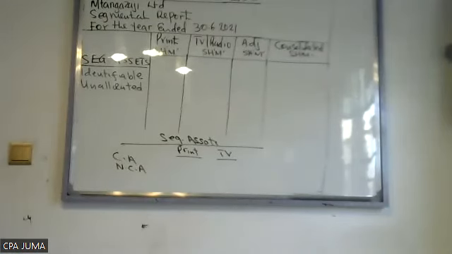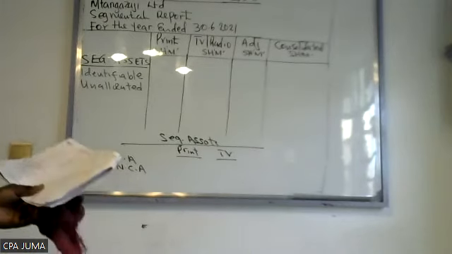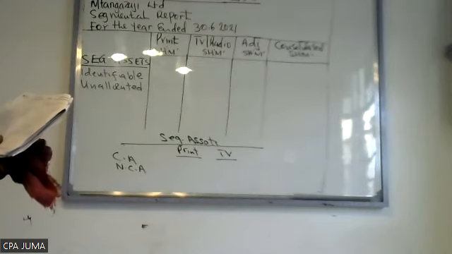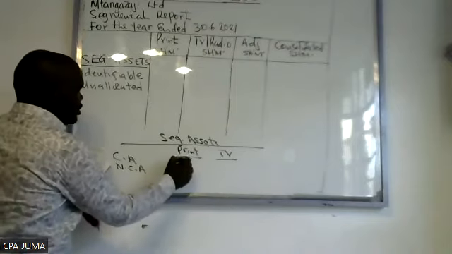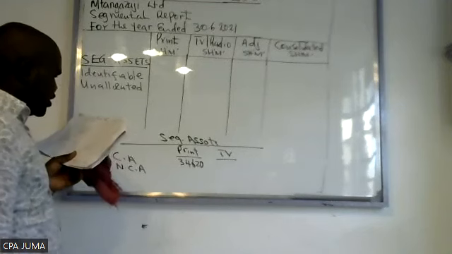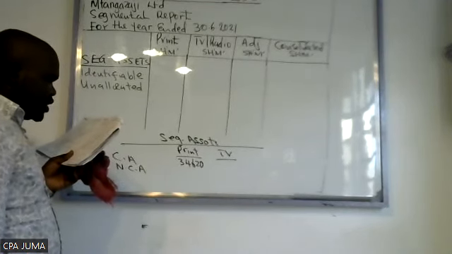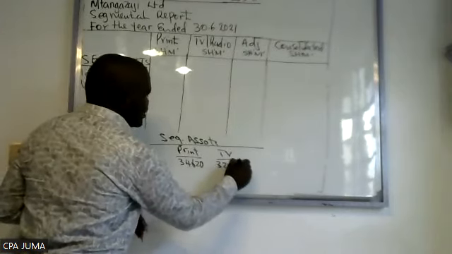The assets must be one figure. So add non-current and current, the identifiable first. So current, I'm seeing, well, I hope it is 34,620 for print, and TV to be 32,580.